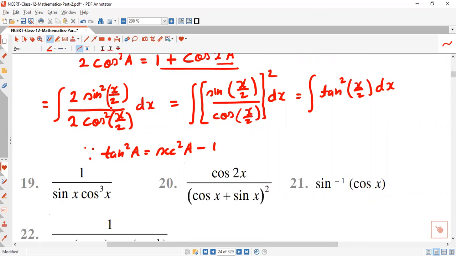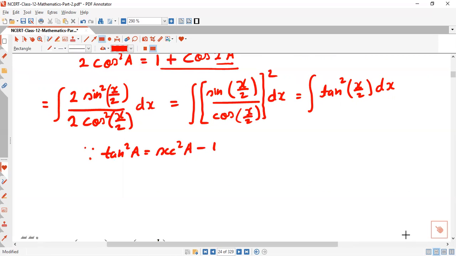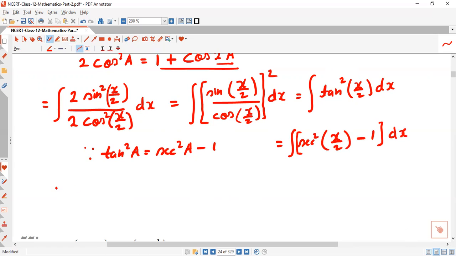So we apply this formula, and the integration becomes the integral of sec square x by 2 minus 1, dx. Separate the terms: integration of sec square x by 2 dx minus integration of dx.